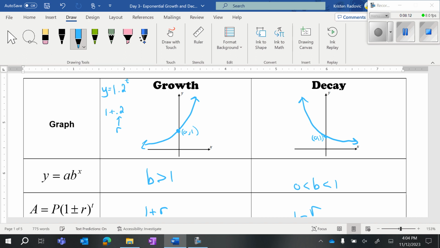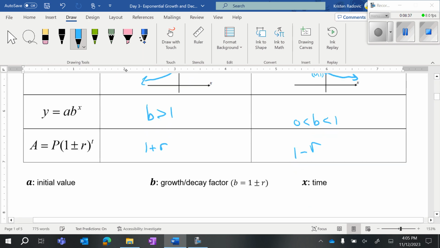You're increasing by 20%. Now, if you had y equals 0.8 to the t, this is decreasing because your base is less than 1. How much are you decreasing by? This is 1 minus 0.2. So you're decreasing by 20%.